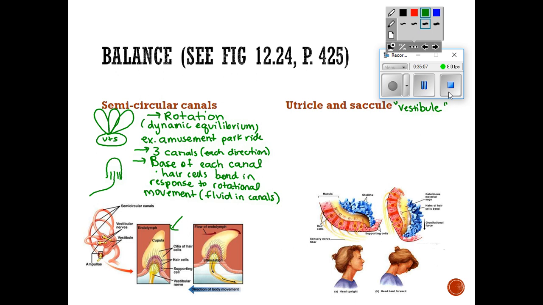Now it's called the vestibule, so maybe you can see where the word vestibular nerve comes from, because the vestibular nerve is the one that's attached to these parts of the ear that are helping you determine balance.